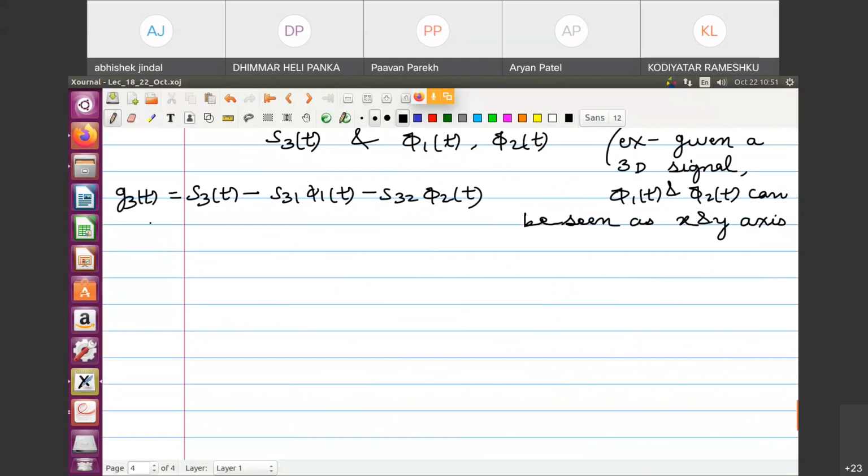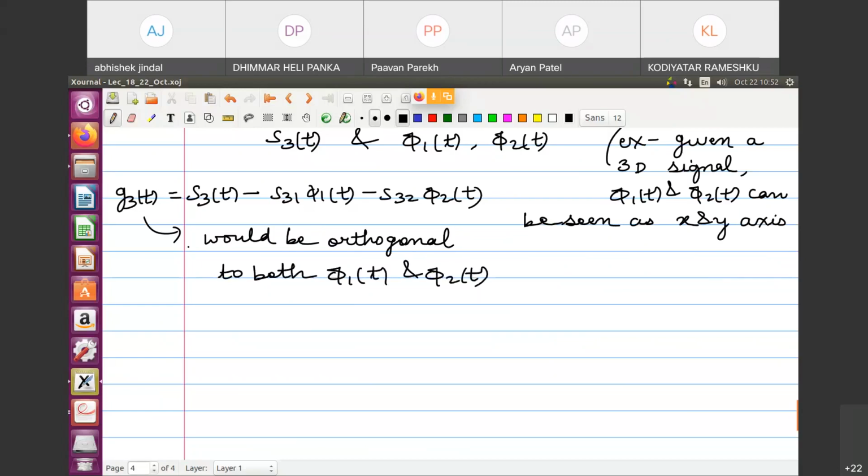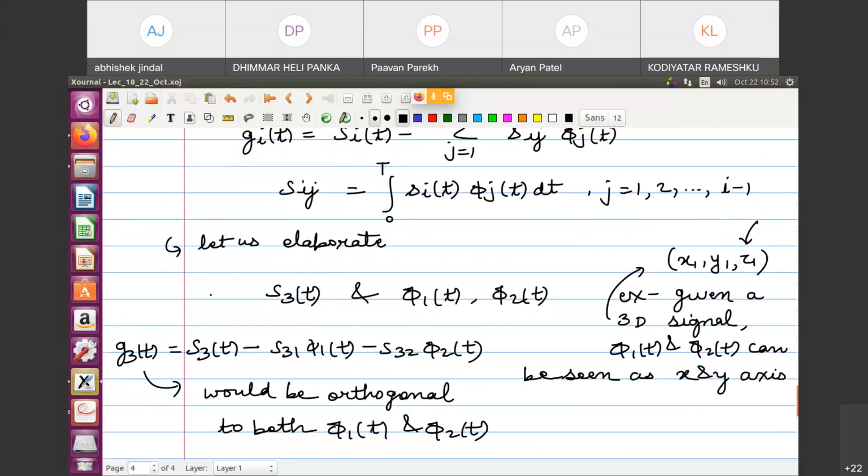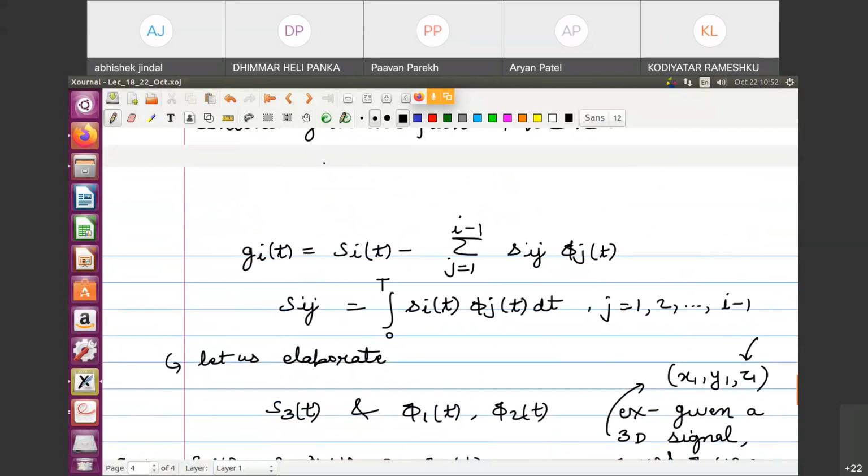Now this G3(t) would be orthogonal to both phi1(t) and phi2(t). And now you divide G3(t) by its norm. When you divide G3(t) by its norm, you will get the third orthonormal. That is what we are doing.